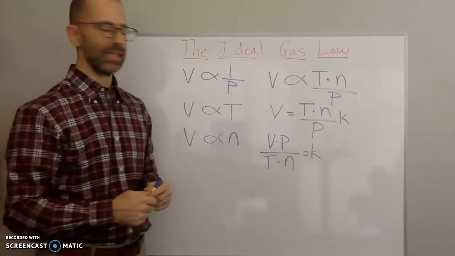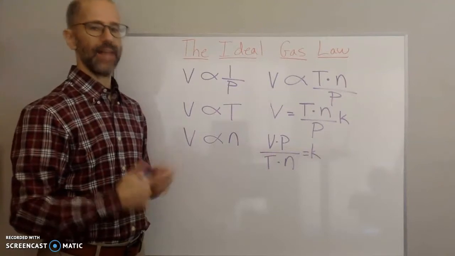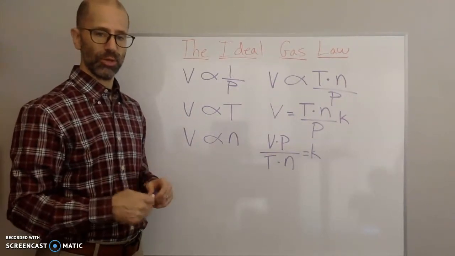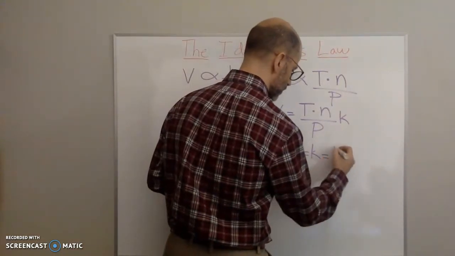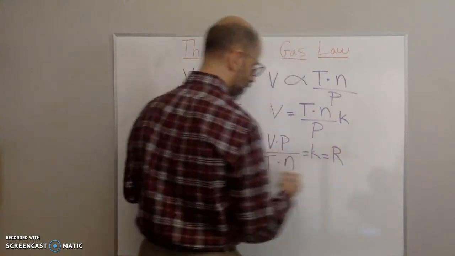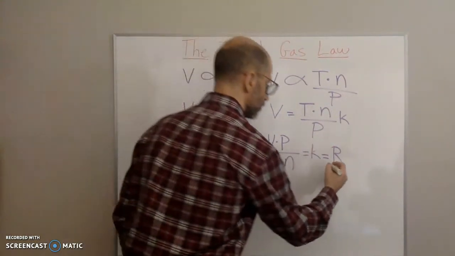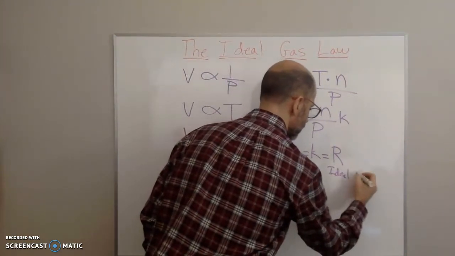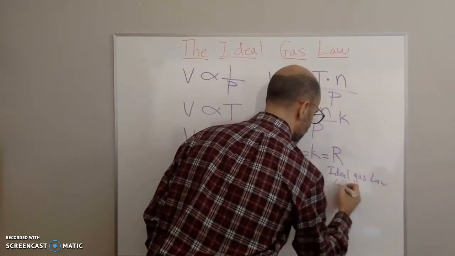Well, in this case, K is actually known. K has a special name and a special letter that goes with it. The letter we give this is R, capital R, and this is called the ideal gas law constant.